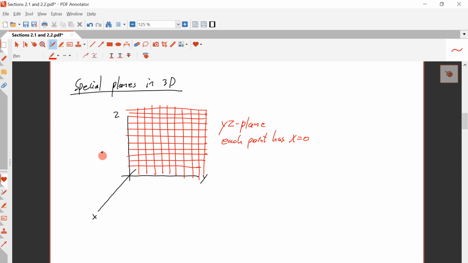I could say maybe let's look at the points where x is equal to 3. So if I said x was equal to 3, and let's do this one in blue, then y and z are equal to any other coordinate, and I have a plane that is parallel to the YZ plane.